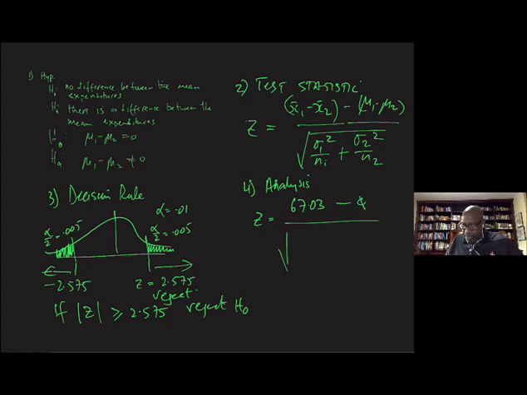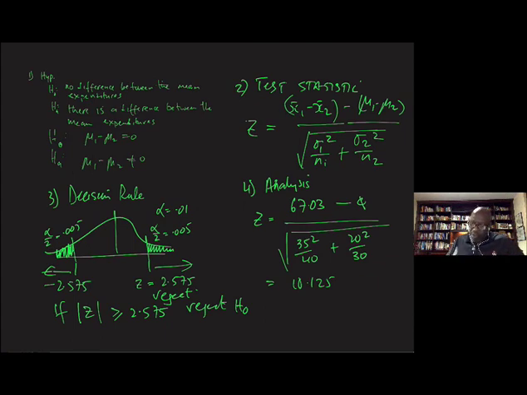The standard error, which we calculated before, is 6.63, which is the square root of 35 squared over 40 plus 20 squared over 30. The z value is 10.125, which is much larger than 2.575.